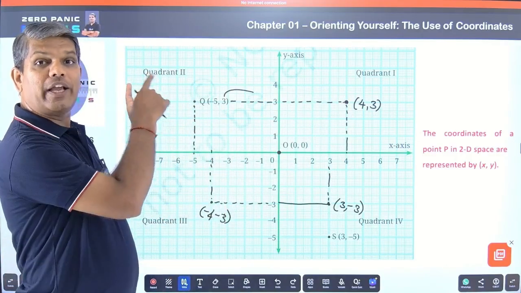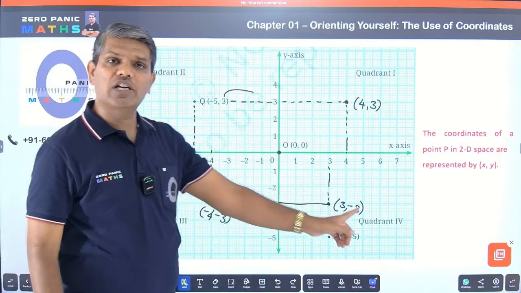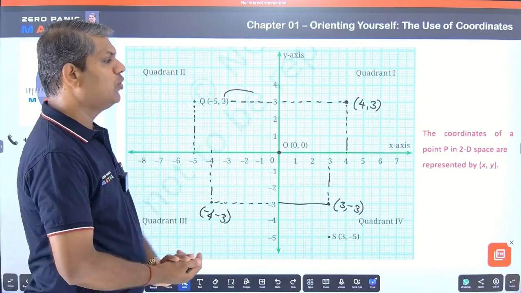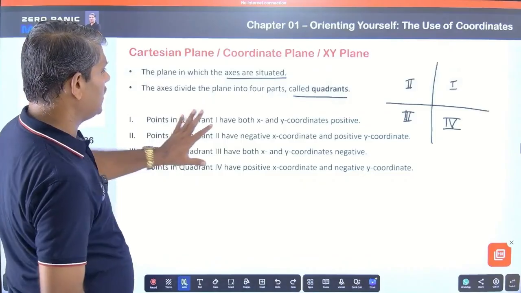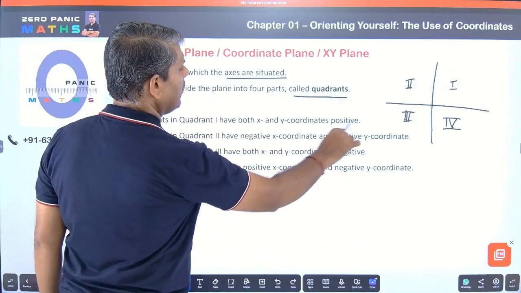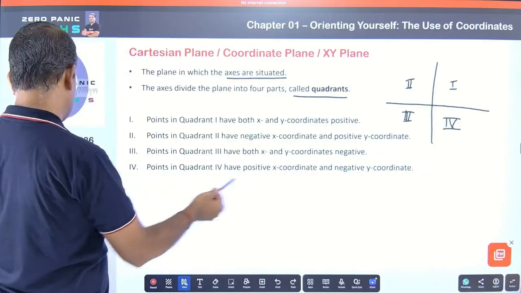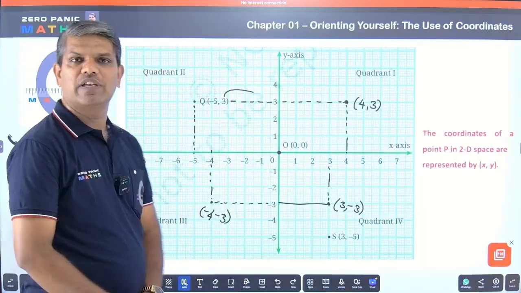Quadrant 2, y is positive but x is negative. Quadrant 3, both are negative. Quadrant 4, x is positive but y is negative. This is what you need to remember. That is the explanation given in the previous slide, that points in quadrant 1 have both x and y coordinates positive. The second quadrant is what I just explained.